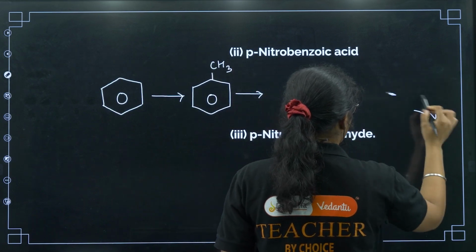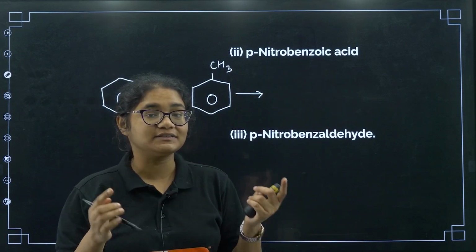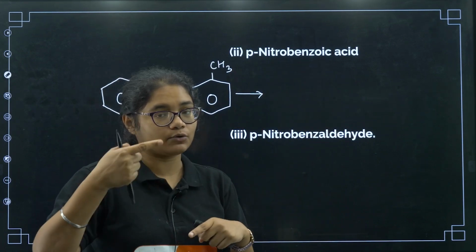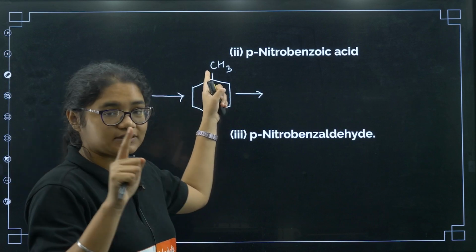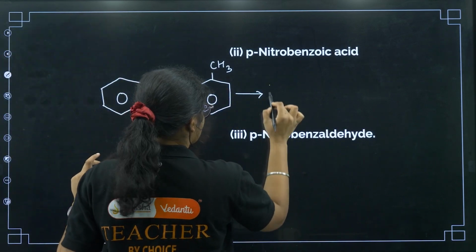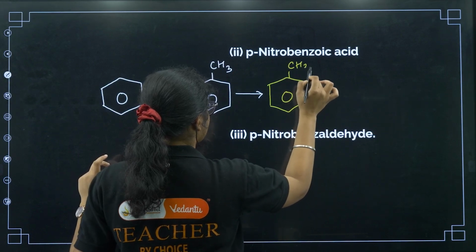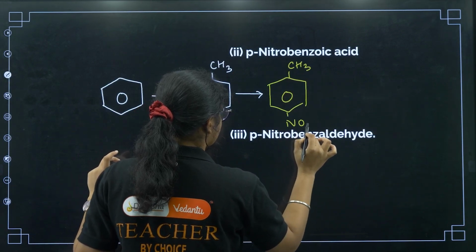Fine, so here is a mistake. Para-nitrobenzoic acid means if I first convert it into acid group, then the acid group is a meta directing group, right? So nitro will go to the meta position, but CH3 is a para directing group. So after this only you need to add the nitro group. So after this, if I do nitration, I will get CH3 and I'll get nitro group here.